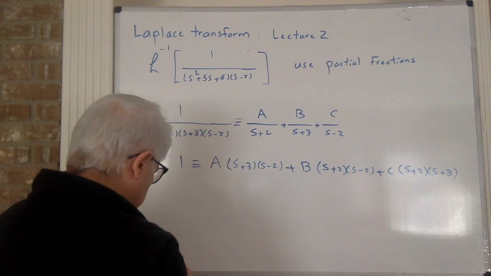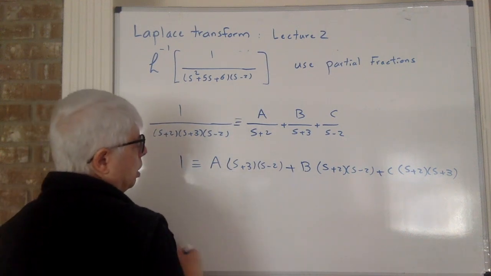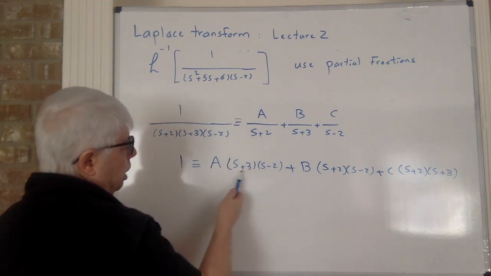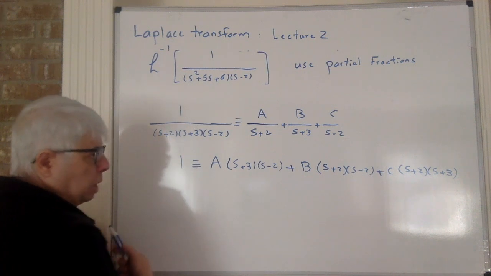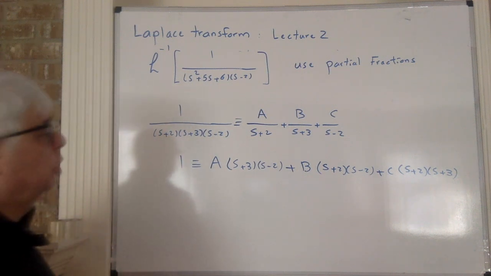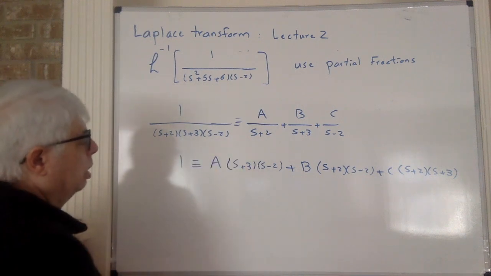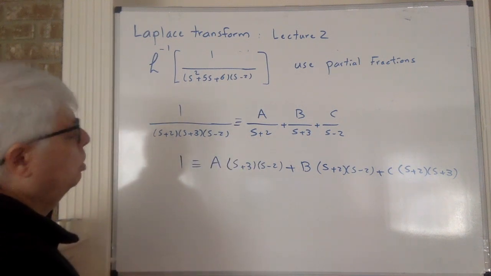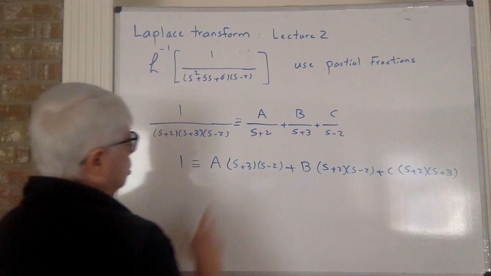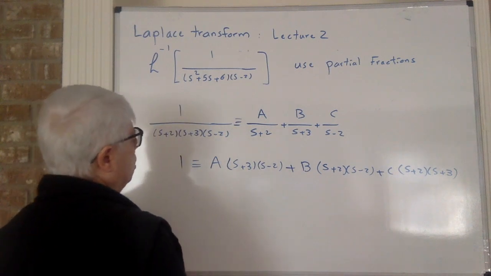And remember, we can use this trick. I can set s to be anything, because identity means it should be true for any s. And please don't tell me that those s's will make the denominator 0. There's some theory behind it. So let's do it, because it gives me the answer.